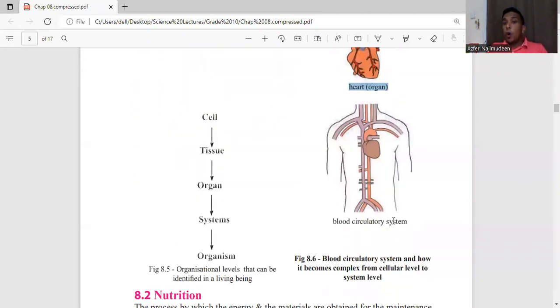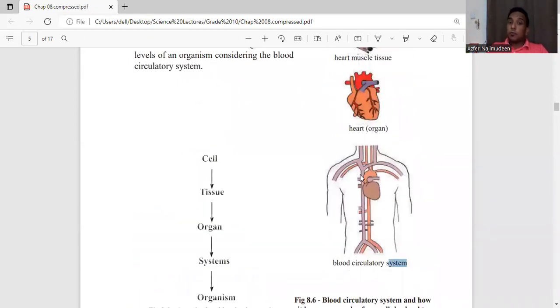And a collection of organs forms the system. A collection of systems forms an organism. So let's go to this flow chart.